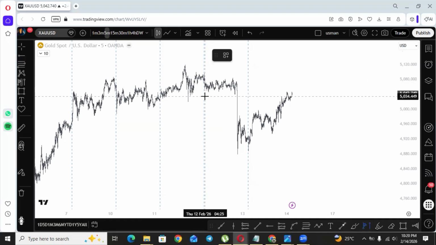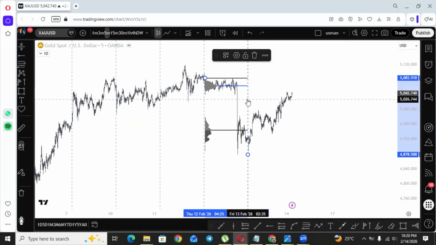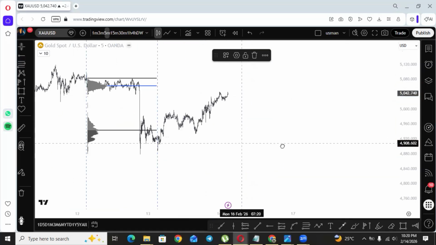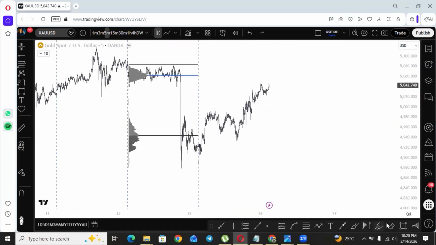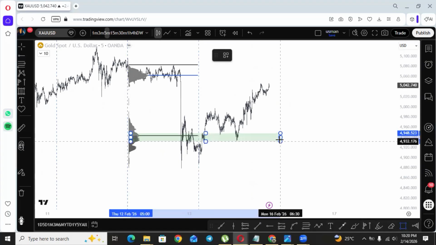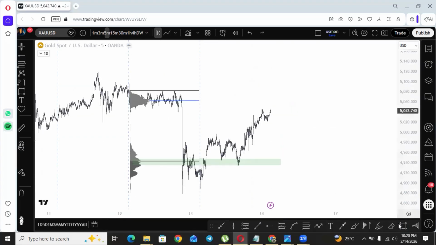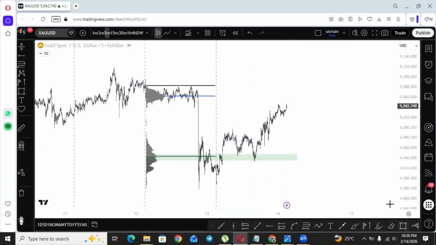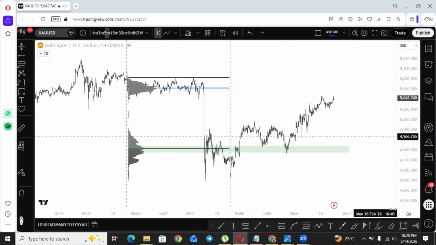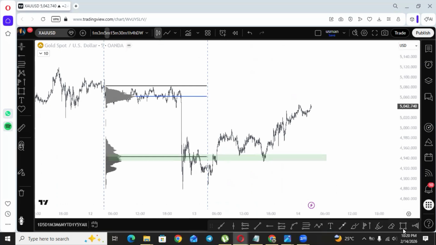I marked the previous day volume profile from start to end, and I marked these areas.